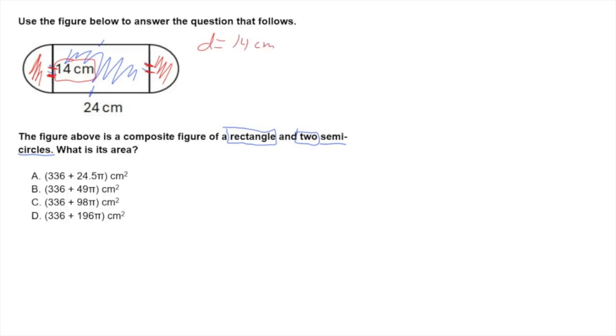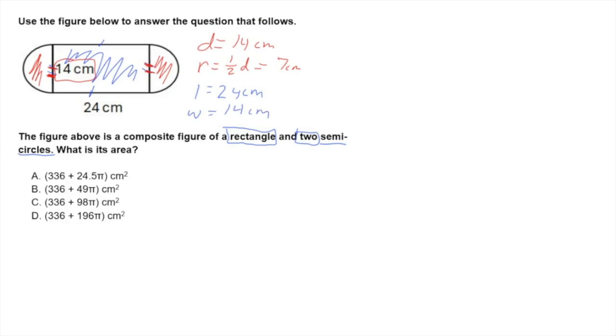Which is really helpful because to find the radius, which we know is what we'll need for a lot of formulas involving a circle, equals half of the diameter, which equals 7 centimeters. And for our rectangle, we have a length equal to 24 centimeters and a width, which is also serving as the diameter, of 14 centimeters.